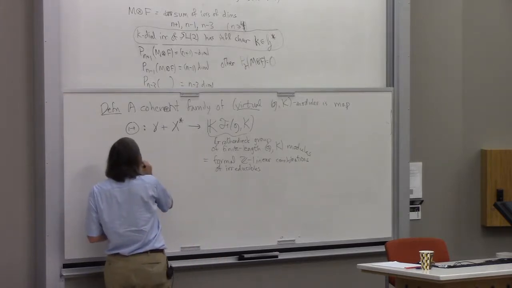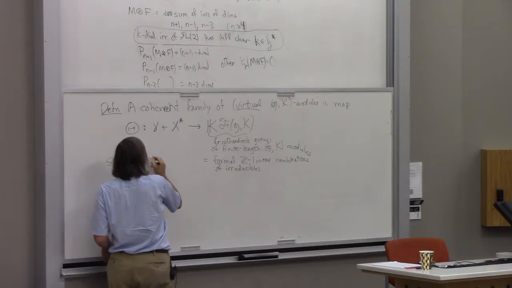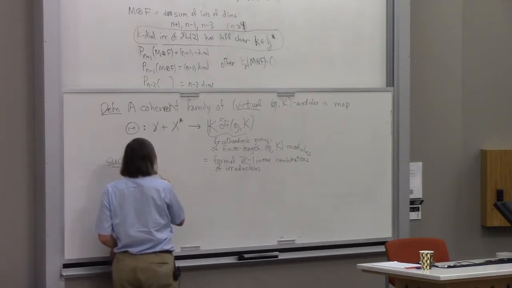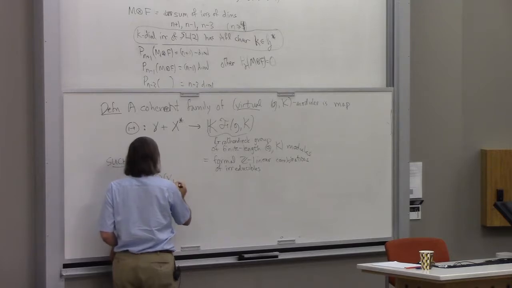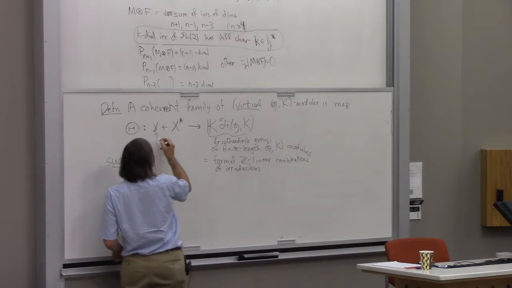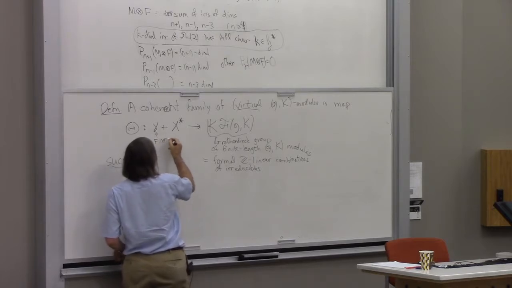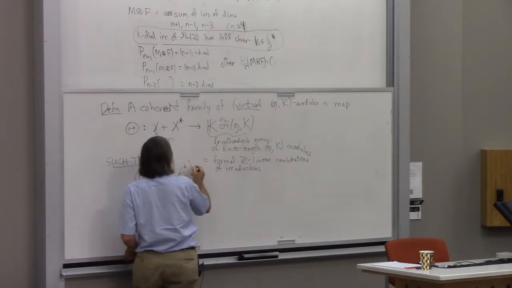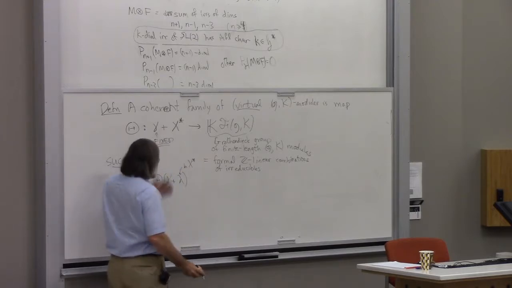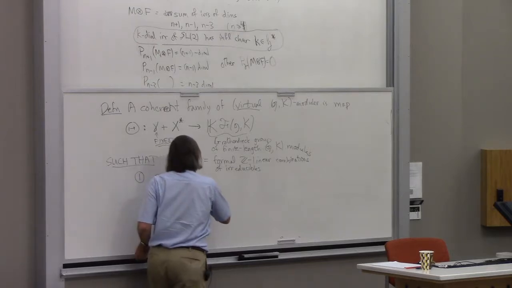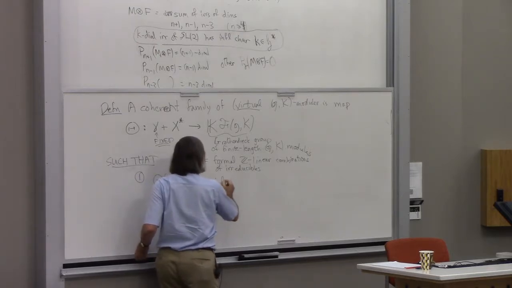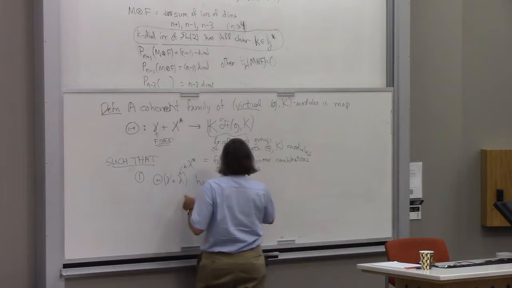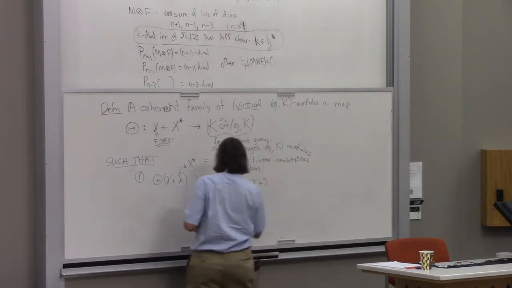And here are the properties that you want. The first one is that theta of gamma plus lambda, so this gamma is always fixed, and so this is in X upper star, has infinitesimal character gamma plus lambda.